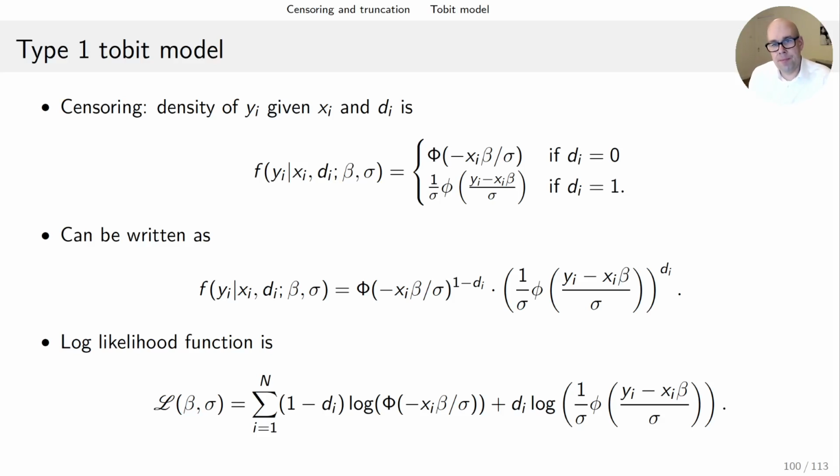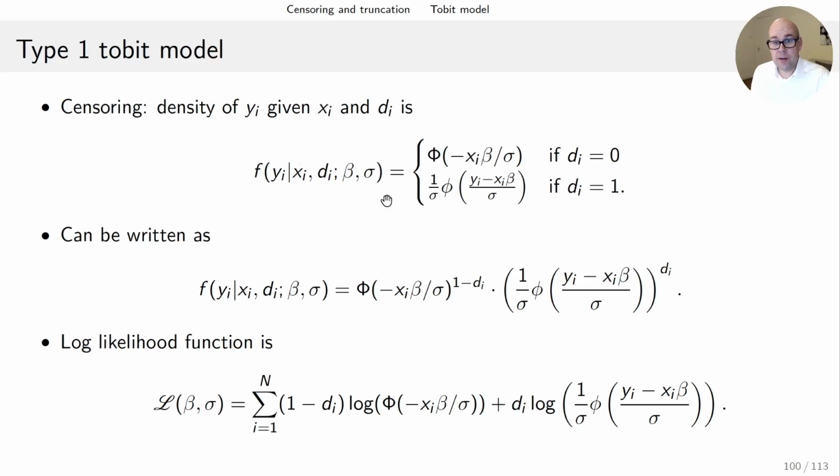Now, let's work our way towards writing down a likelihood function. When we have censoring, then we can write the density of yi given xi and di. Di was our indicator for yi being observed or not being censored as follows.